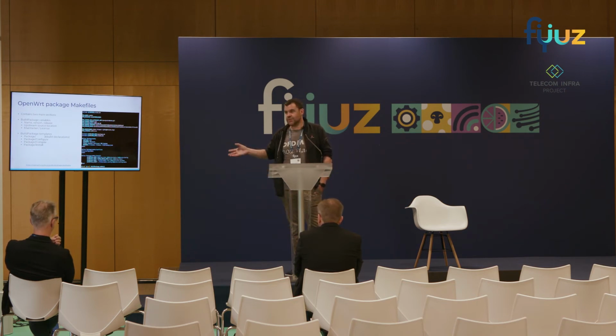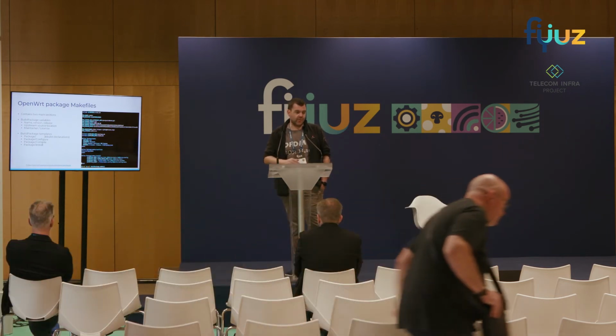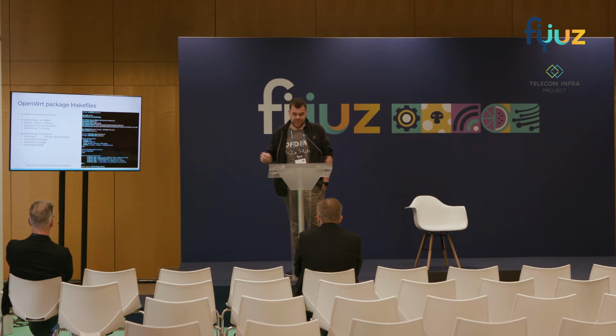So there's built-in support for multiple build systems, so there's CMake built in there, there's automake in there. In case of CMake, your configure and your actual make or compile target will always be the same. So if you just say include CMake, then you don't need to define what you compile and what your install looks like, because it's just already handled by CMake. This makes writing and porting new applications into OpenWRT very trivial and very easy.